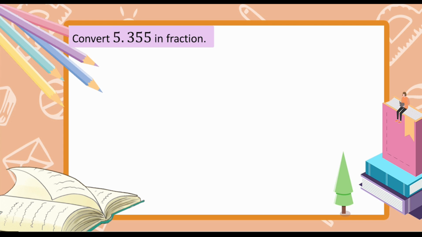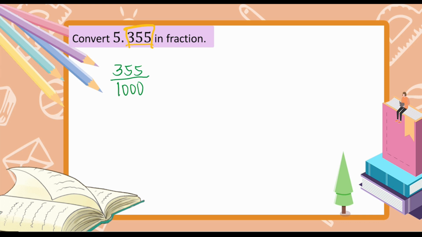So, ang gagawin natin, magfo-focus muna tayo doon sa ating decimal numbers, yung 355. Now, just like our first example, we have to make our 355 here na decimal, we have to make it the numerator. Then, the denominator, you have to get the multiple of 10 na merong, since tatlo yung ating digit ng decimal, dapat meron siyang tatlong 0. So, multiple ng 10 na meron tatlong 0 is 1,000.